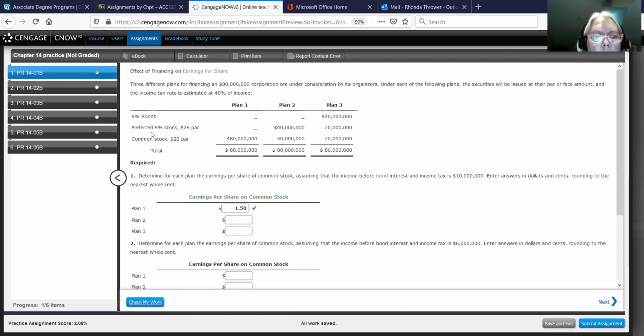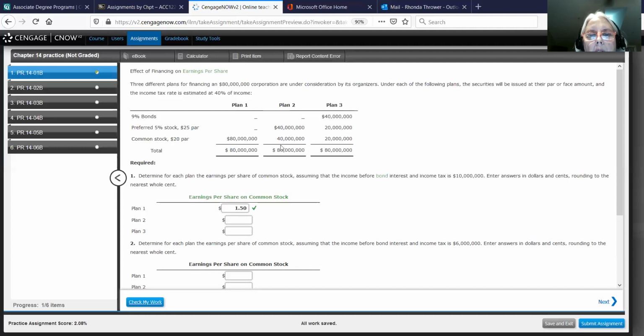This is preferred stock that has a 5% dividend rate associated with it, and the par value of this stock is $25. So in plan number 2, if they sold some preferred stock, they could come up with $40 million to go toward the $80 million that they want to finance.